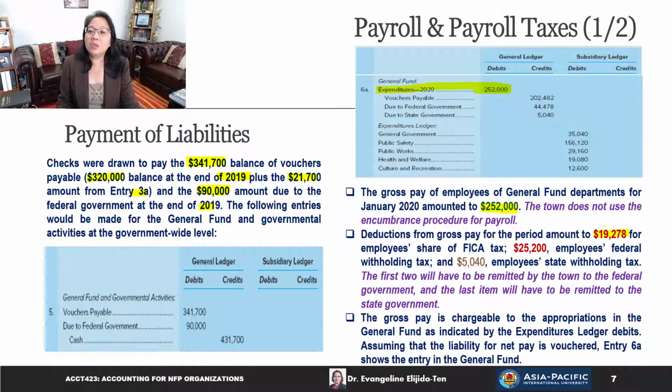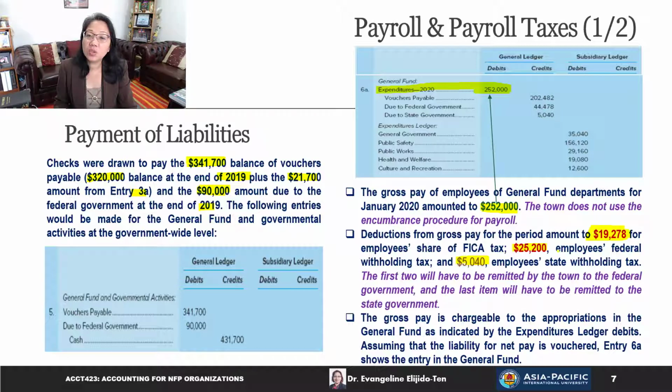Normally they will deduct a certain amount from the employees, and the employer will also pay FICA tax on behalf of their employees. So the deductions from the employees are 19,278 for FICA, 25,200 for employees' federal withholding tax, and 5,040 for employees' state withholding tax.